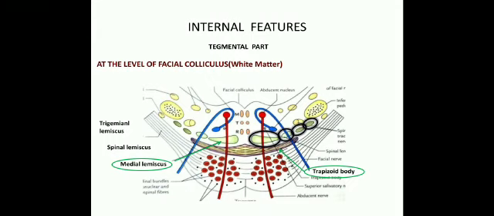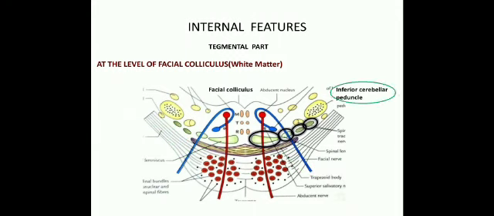Here we can observe the trapezoid body just above the ventral aspect, and just behind that the medial lemniscus is present. Then the spinal lemniscus, that is the lateral spinothalamic tract, lies lateral to the medial lemniscus, and the trigeminal lemniscus is present more laterally.